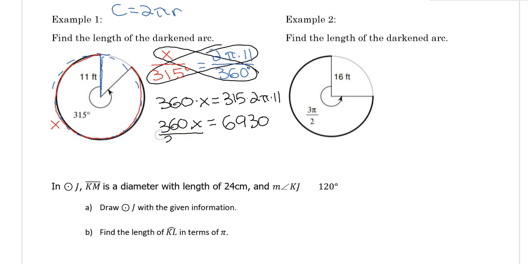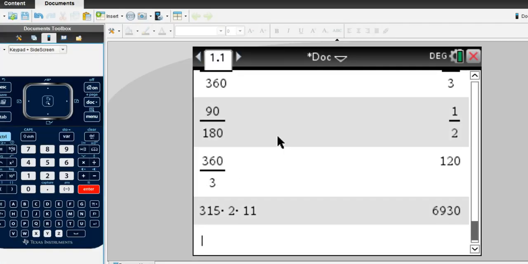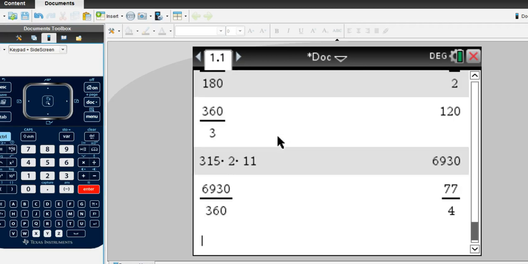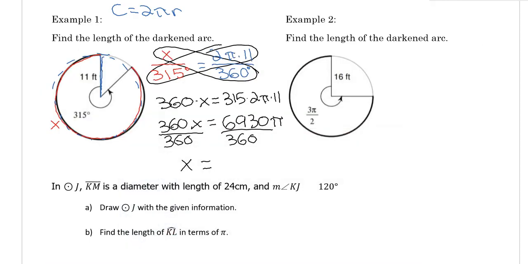Then I'm going to divide. To solve for x, I just need to get rid of the 360. Sorry, I forgot the pi. 6,930 pi divided by 360, x equals 77/4. And then don't forget the pi, just like we were writing the radians. And this is in feet.